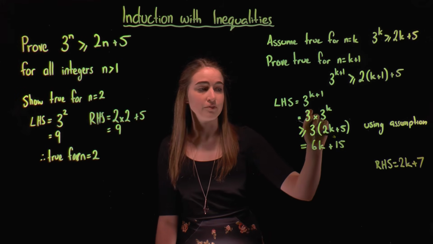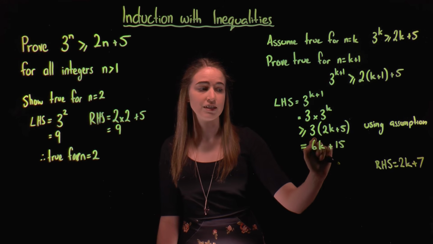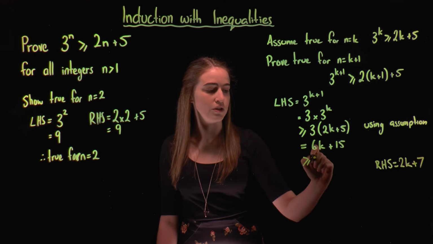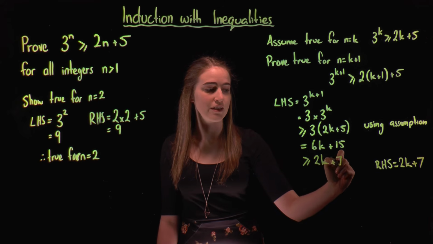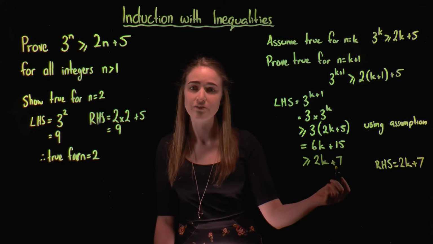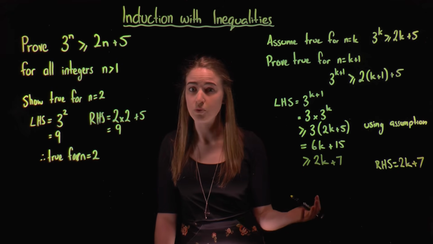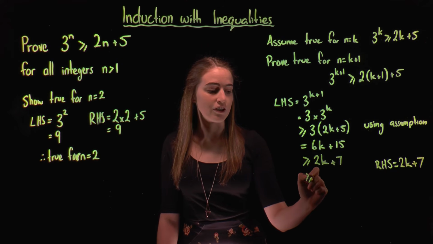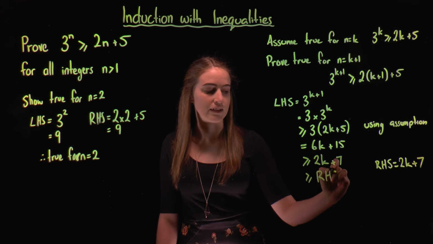Now, 6k plus 15 has to be greater than or equal to 2k plus 7, because we know that k is always positive. So that means that it is greater than or equal to the right-hand side.